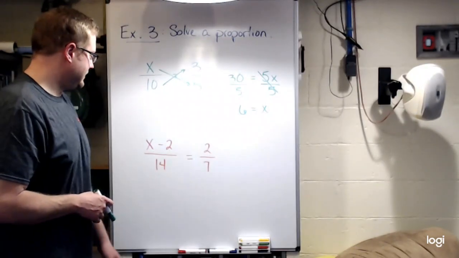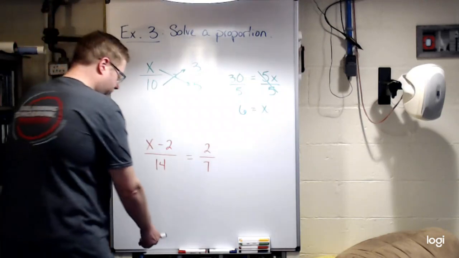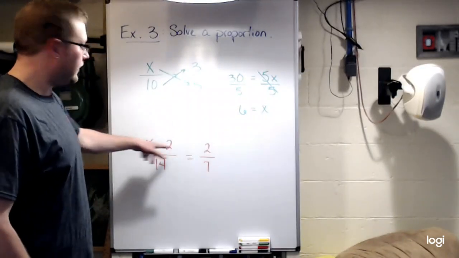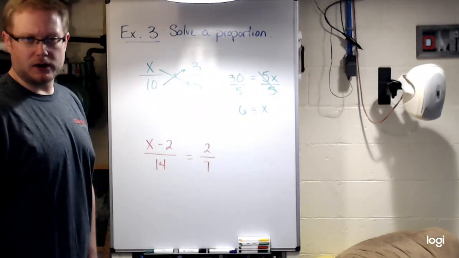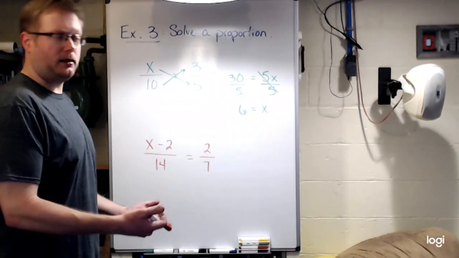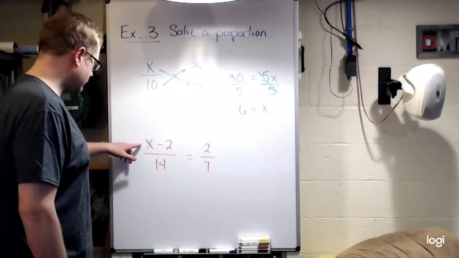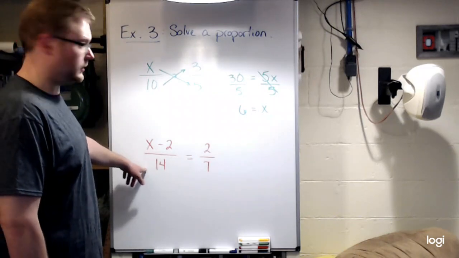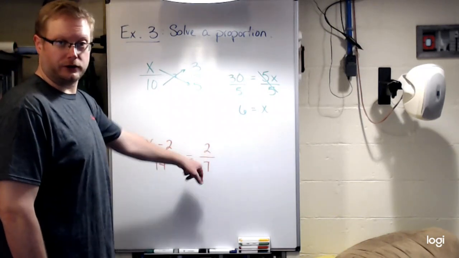Now, down here, you've got a little bit more complexity. You've got an entire expression, not just a variable. So we've got to do a little bit of distribution as well as solve for x. So you have x minus 2 over 14 equals 2 over 7.